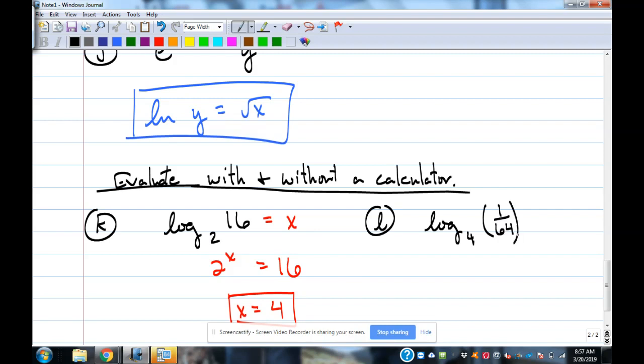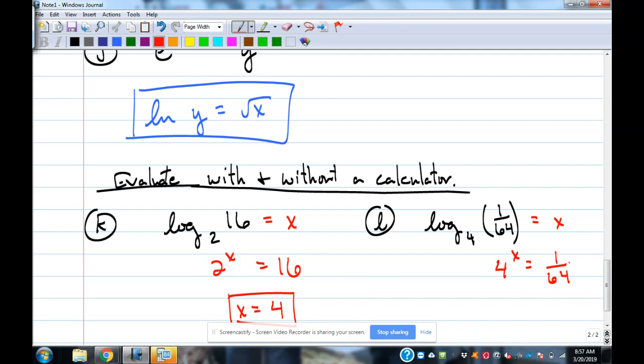Evaluate log base 4 of 1/64. Well, we know that we're looking for the exponent when you raise what to this exponent. What's the base? 4 to the x is 1/64.